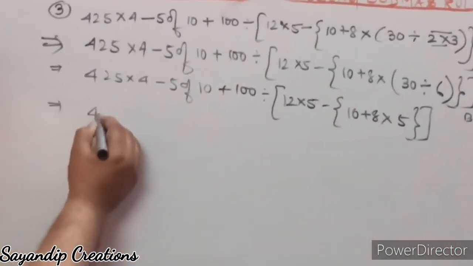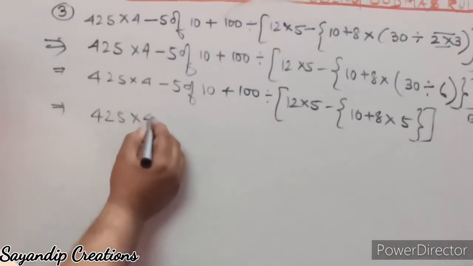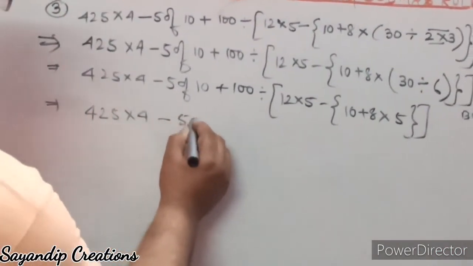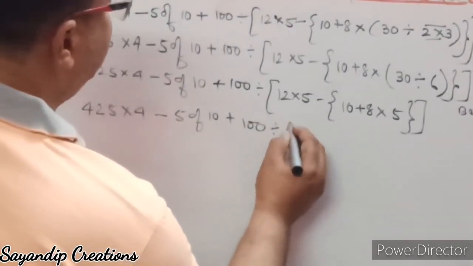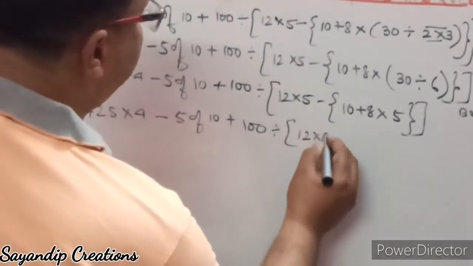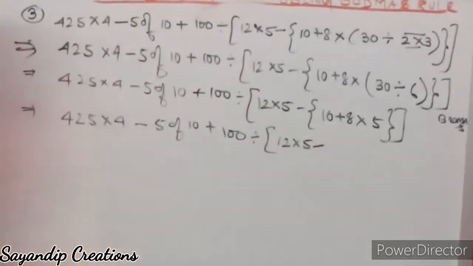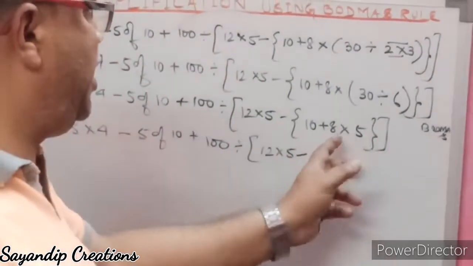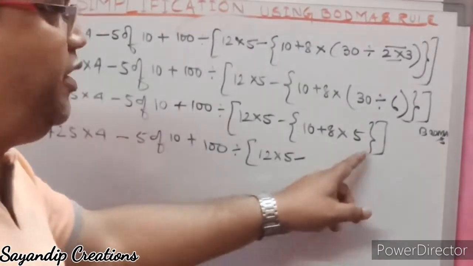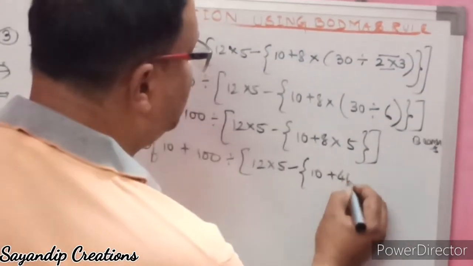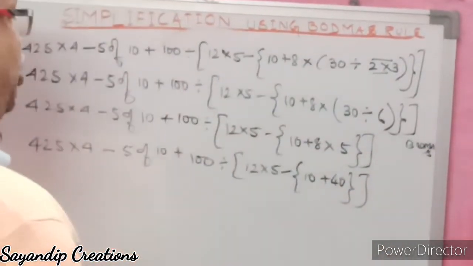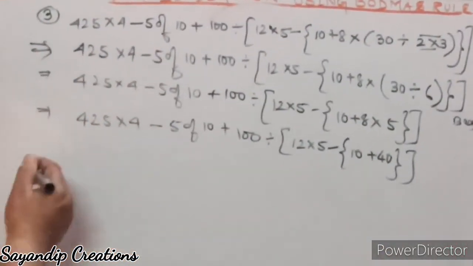Now coming to the third step: 425 into 4 minus 5 of 10 plus 100 divided by 12 into 5 minus, in the second bracket, 8 into 5, 40. So I am following each and every step.